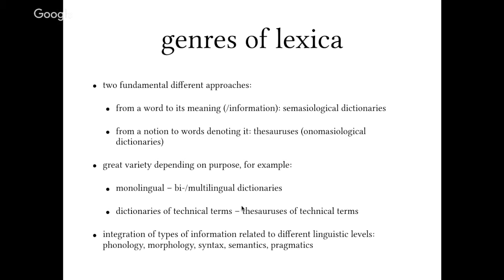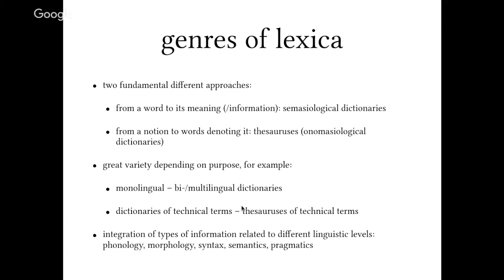We also have a great variety depending on purpose. For example, we have lexica that are monolingual, or we have bi- or multilingual dictionaries. We also have dictionaries, for example, of technical terms, but at the same time we can have thesauruses of technical terms. That means technical terminology of a specific domain is treated in both of them, but it is structured and ordered differently in the two cases.